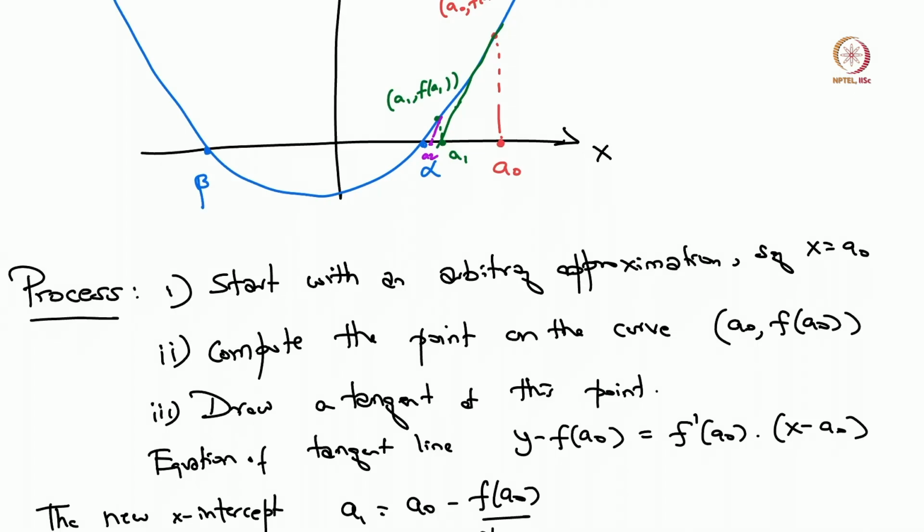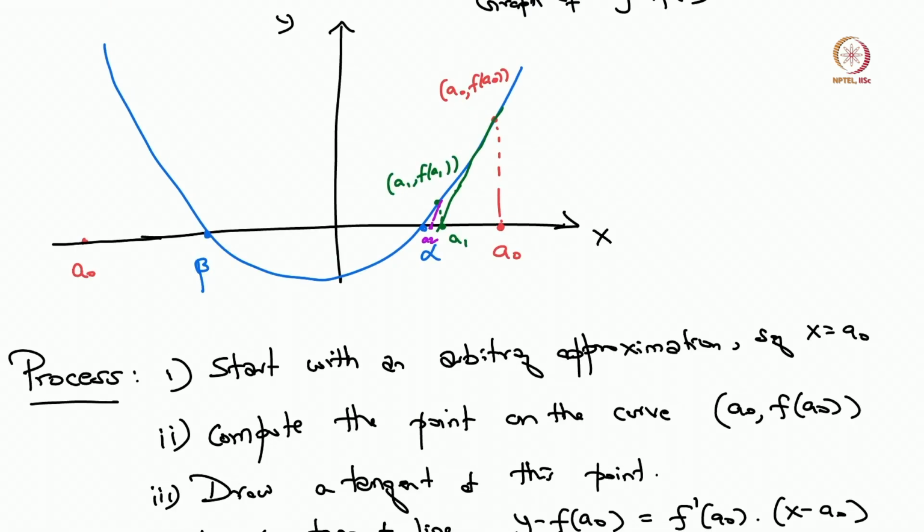You also might observe that if you start with another point that's close to beta and repeat this process, you get this point a naught, f of a naught, you draw a tangent, you get a1, then this new point a1 comma f of a1, and so on and so forth.